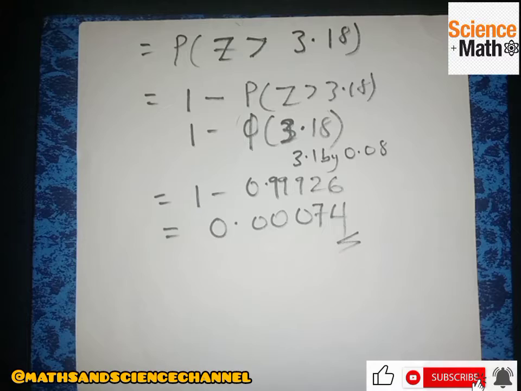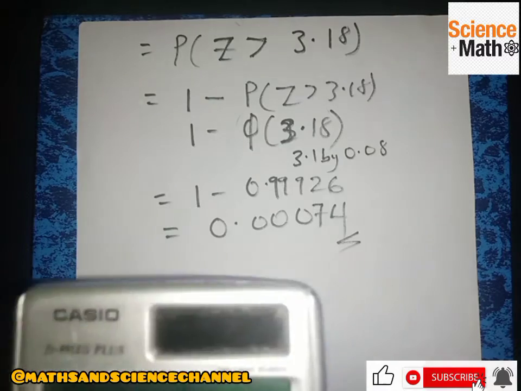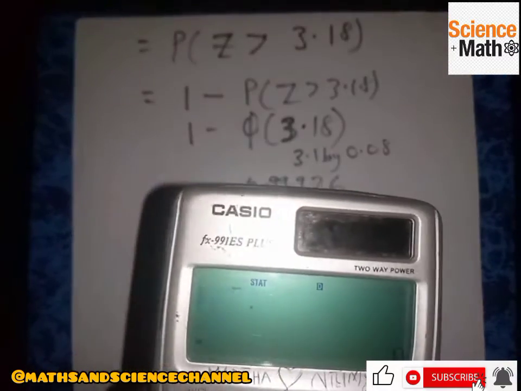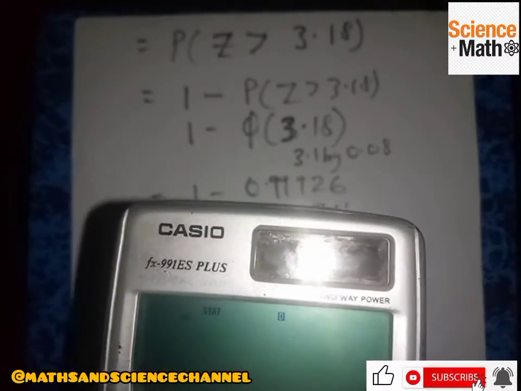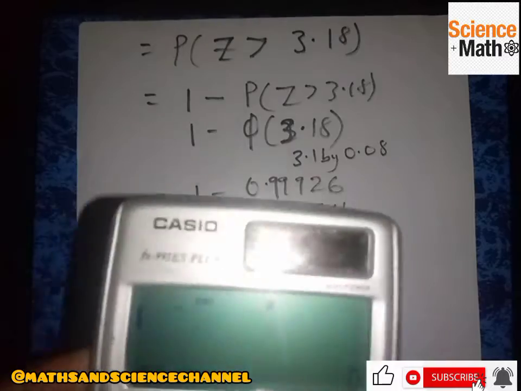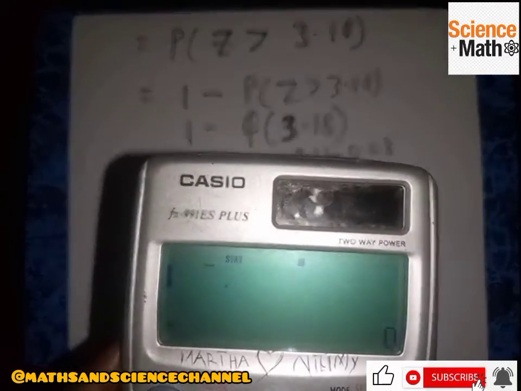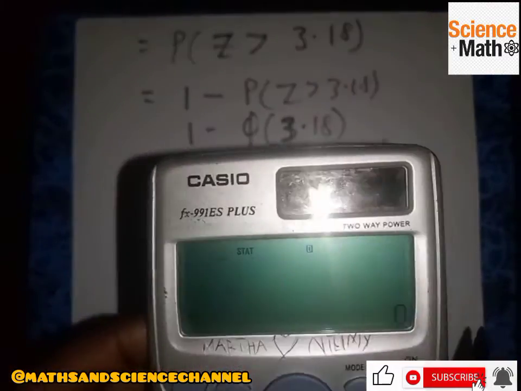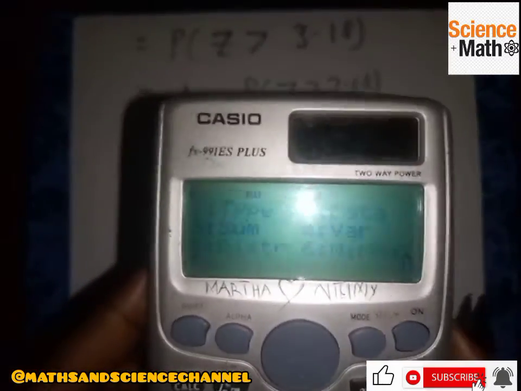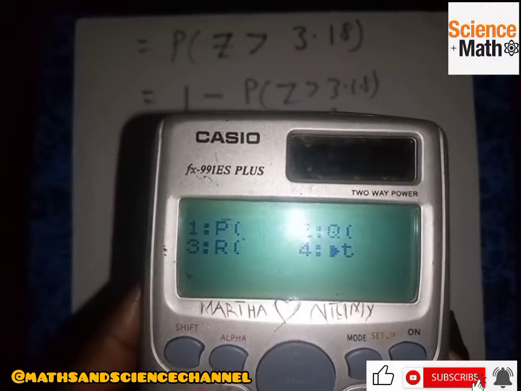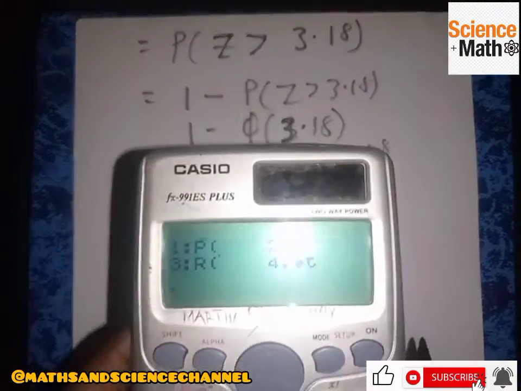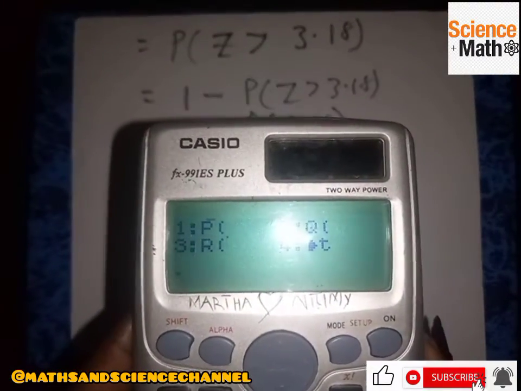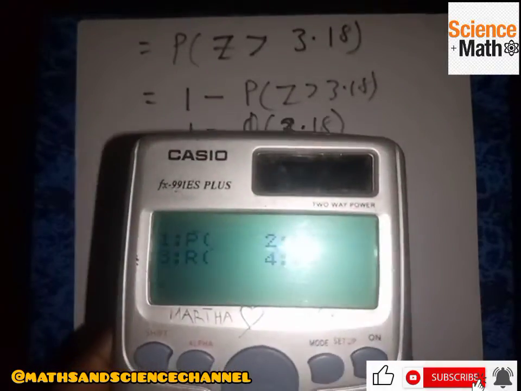But then to use the calculator, in sample distribution, using the calculator as we did for the other part is a bit different. The difference is that when you go to Shift and then you go to Stat and then you choose your distribution, in this case we choose R because basically it is greater.